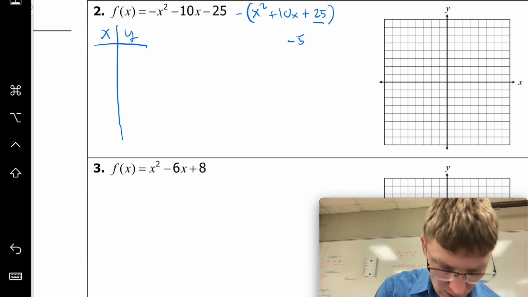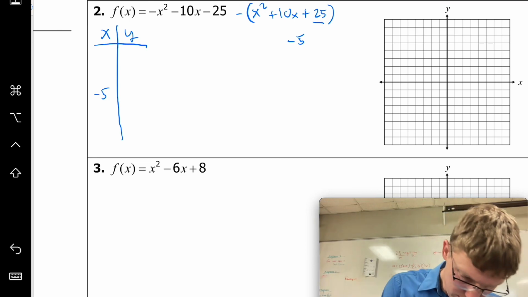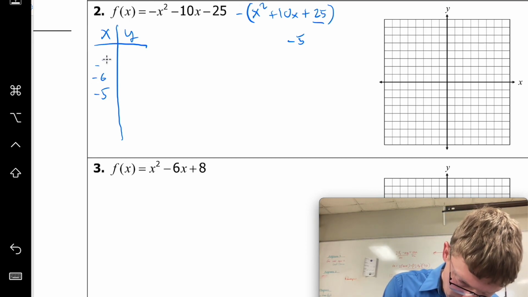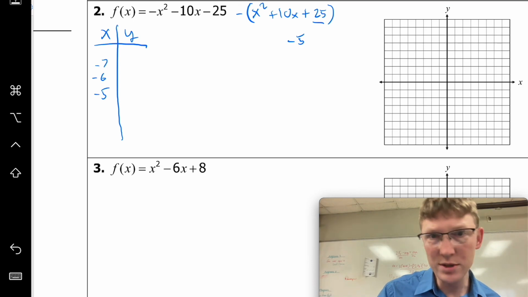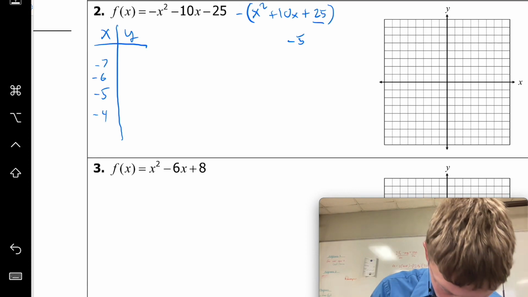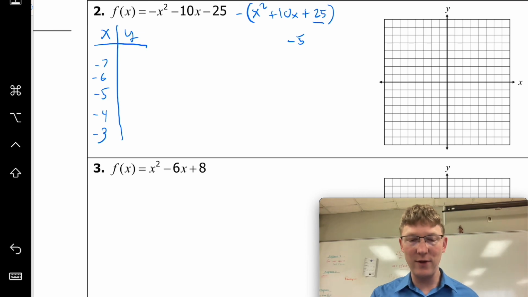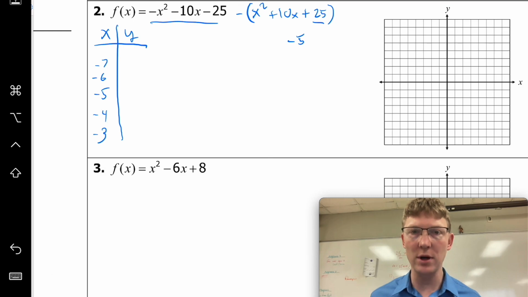So in the middle here, we're going to pick negative 5, and then we'll go up a couple, negative 6, negative 7. We'll go down a couple. Then, again, you're just going to plug these values into your equation. You can do this through the y equals function on your calculator, and then using the table.